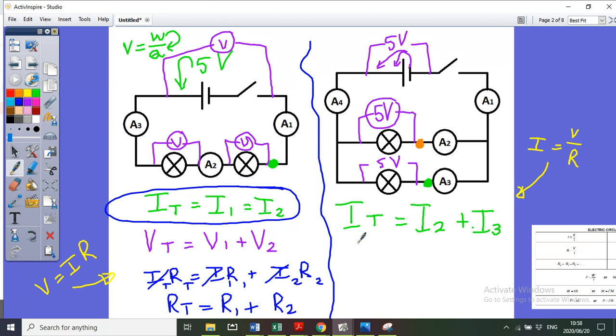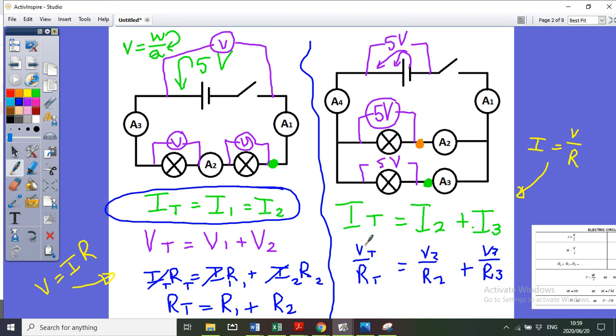So now I say that I total is equal to V over R for the twos, plus V over R for the threes.